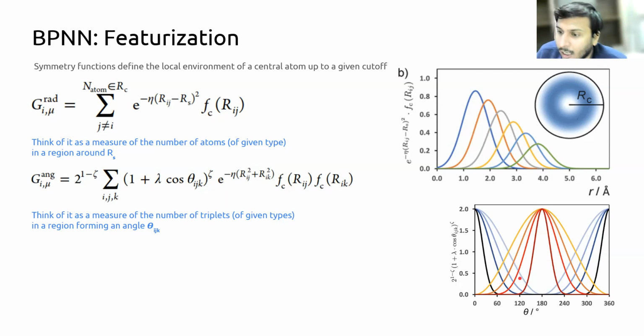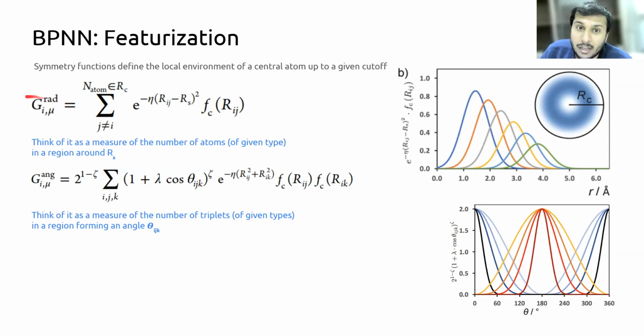For example, this particular dark red will tell you that if you have taken a pair of atoms, then what exactly is the number of atoms which are 180 degrees from this line? Or for example, this one will tell you how many atoms are there at this particular angle, right?